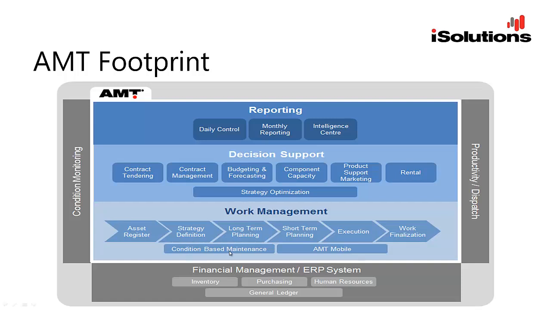And the condition-based maintenance module allows us to integrate with condition monitoring systems and bring in condition monitoring data, interpret it to drive into that work management process, whether it's to be driving decisions around long-term planning or creating backlog work to be performed. So that's that work management layer.